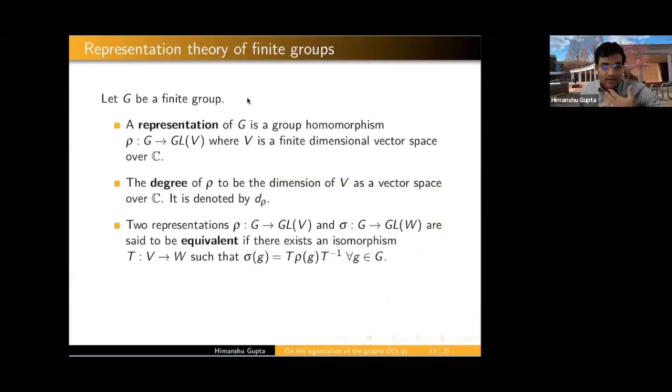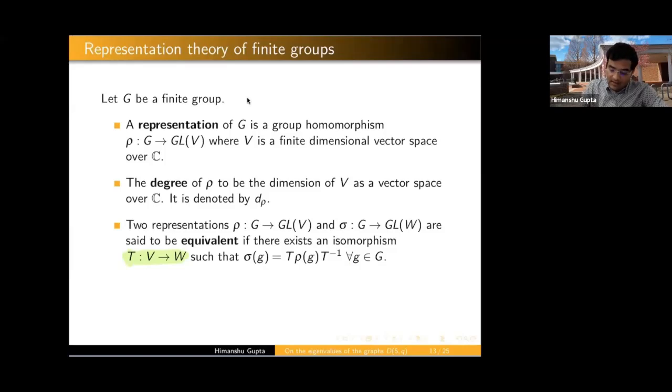Now, when can we say that two representations are equivalent? We say that two representations are equivalent if we have some isomorphism, that is some invertible linear transformation T from V to W such that sigma(g) is equal to T rho(g) T inverse, and that has to be true for all g. Okay.